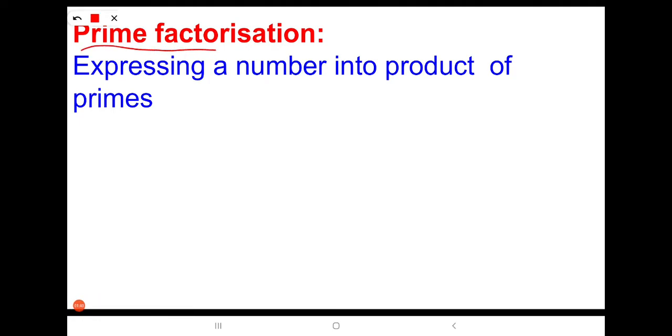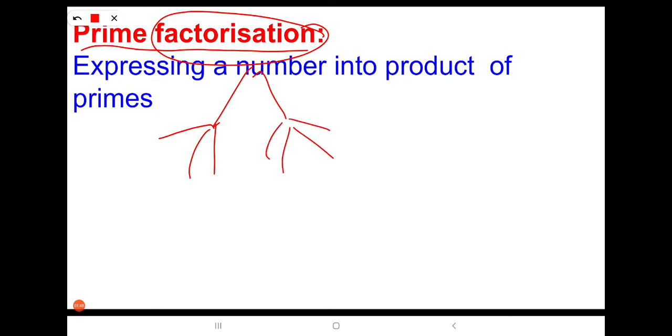So prime factorization. Factorization is nothing but splitting a number into a product of other numbers.